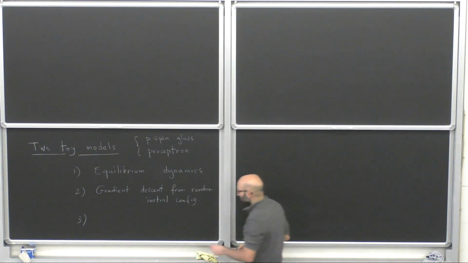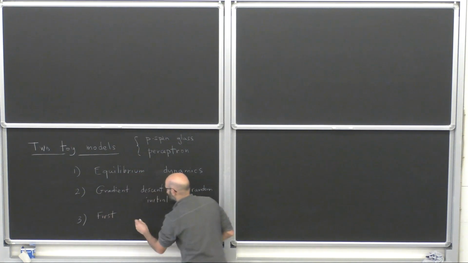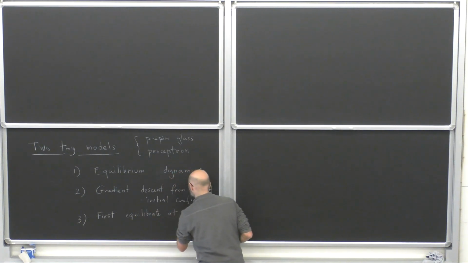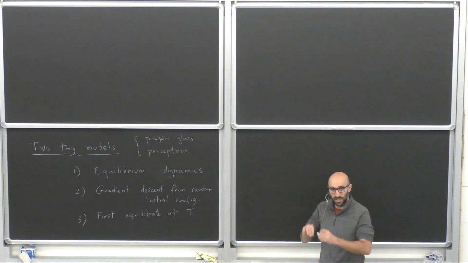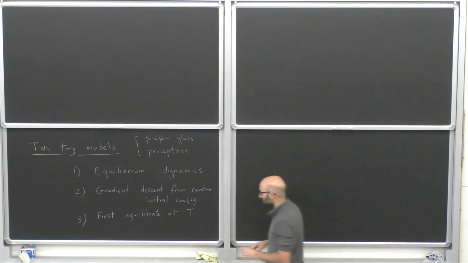It's a dynamics in which first you equilibrate at temperature T, and then from there you take an equilibrium configuration at temperature T, and from there you do gradient descent.